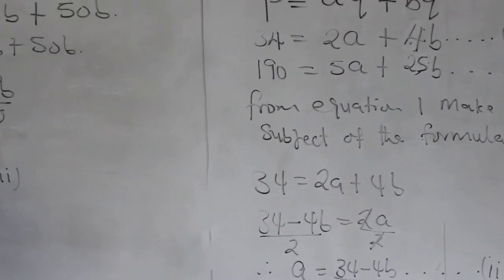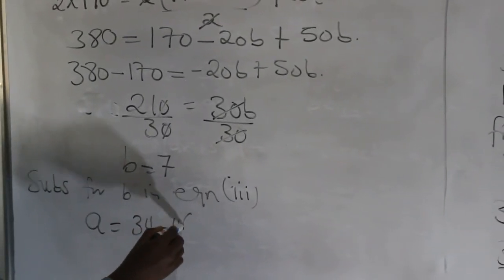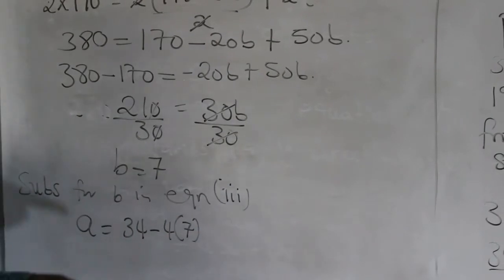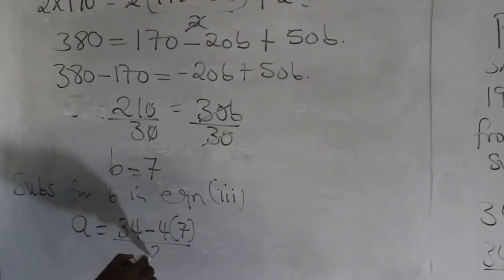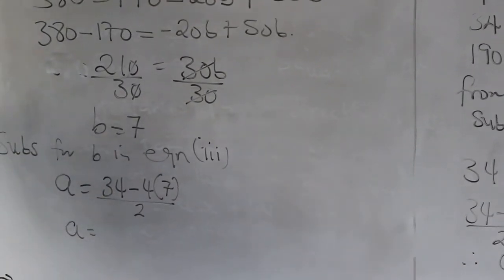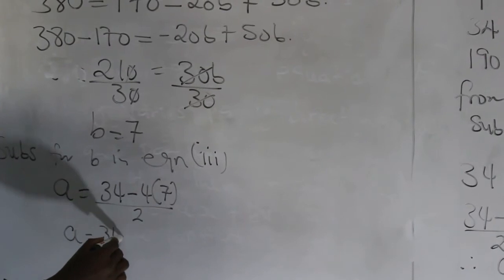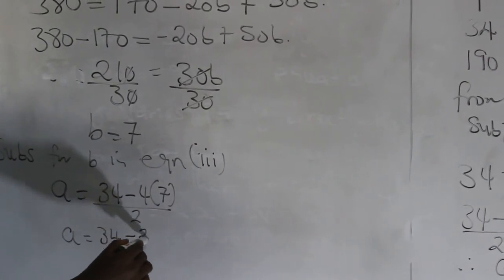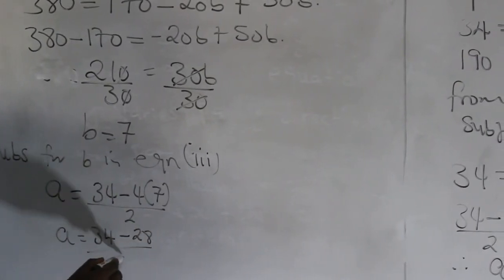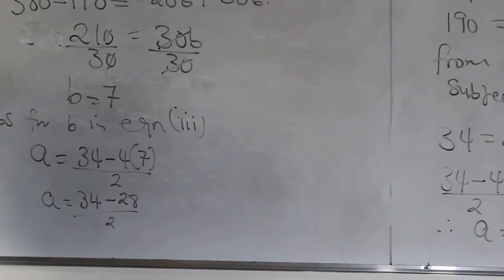So we have A is equals to 34 minus 4B all over 2. So our B now is 7. So we have A is equals to 34 minus 4 times 7, which is 28, all over 2. 34 minus 28 will give us 6.